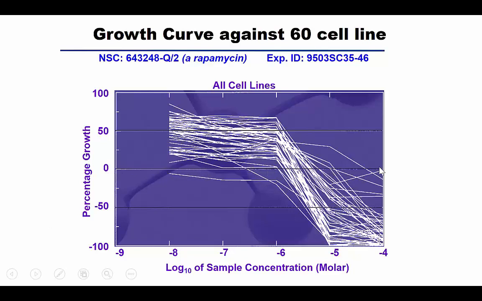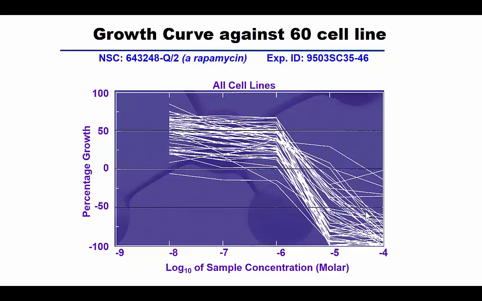If they stay here, the compound has growth suppression, but it is not killing the cells. This is what they call TGI, total growth inhibition. Now, half of those cells have died compared to the start of the cell line. This one is really killing. This is called LC50, lethal concentration 50.